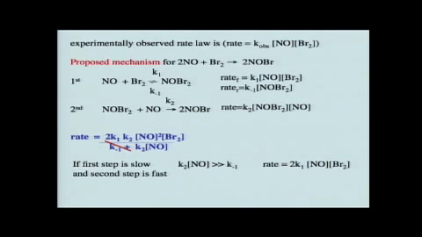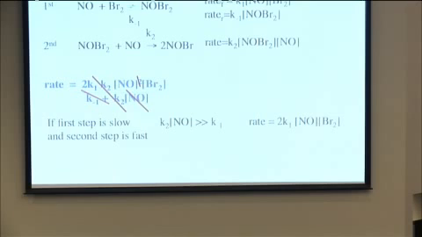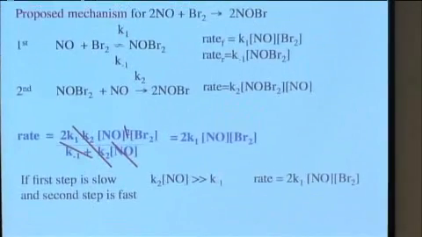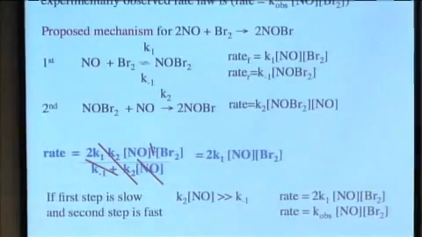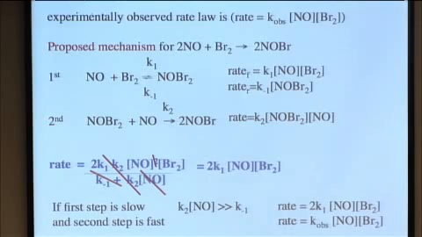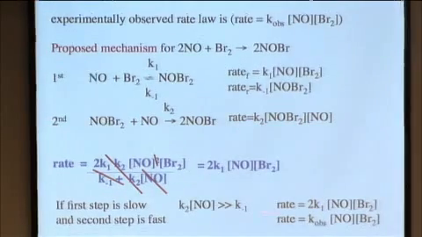If this is much bigger than this term, that cancels out. If that cancels out, what else cancels? k2 also cancels, and what else cancels? One [NO] cancels, giving you this expression. And that is consistent with the answer up there. So you can also see that as the k observed. So that's consistent. And let's just first tell me the overall order.